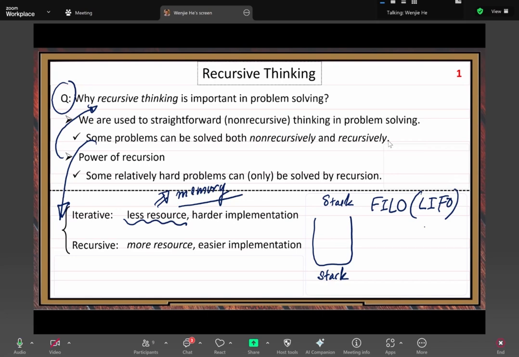Now we use this property to manage all the computing resources we need in a recursion. Here I just give you this idea. When we calculate a recursive function, suppose we want to calculate f of n.